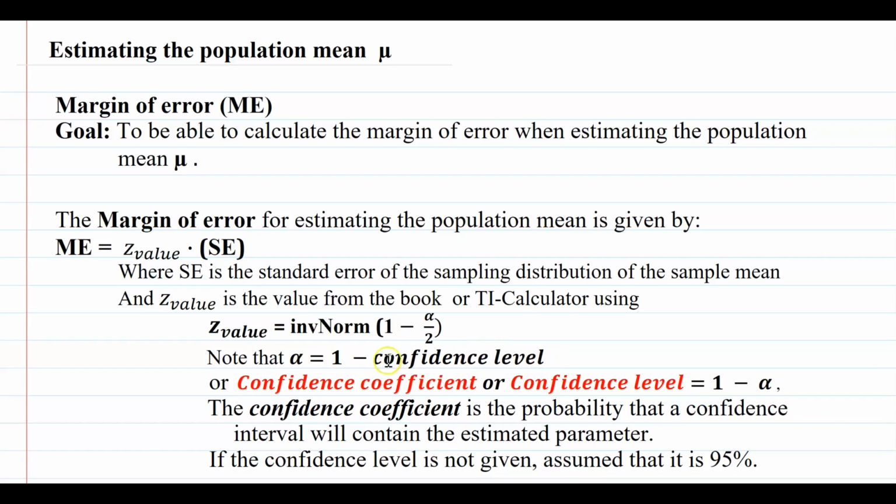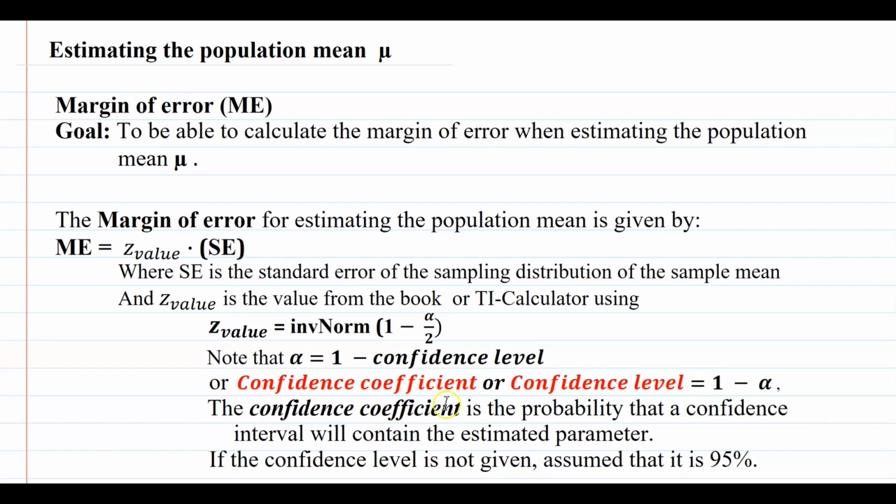Most of the time, the confidence level is given in the problem, or this is sometimes called the confidence coefficient. You can use this relationship: confidence level or confidence coefficient is equal to 1 minus alpha, or alpha equals 1 minus confidence level or confidence coefficient.